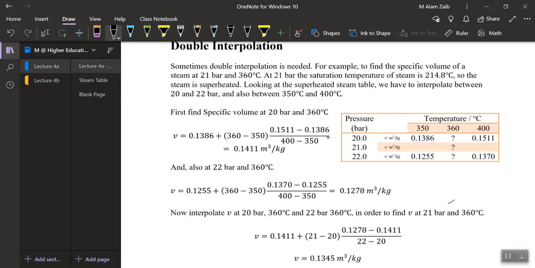So I have got a pressure of 20 bar, which is 2.0 megapascal.